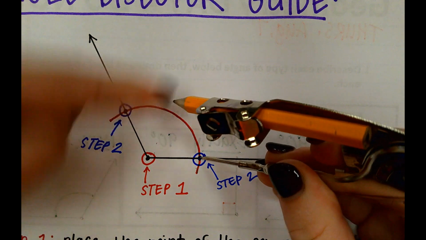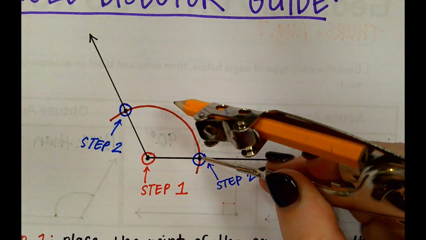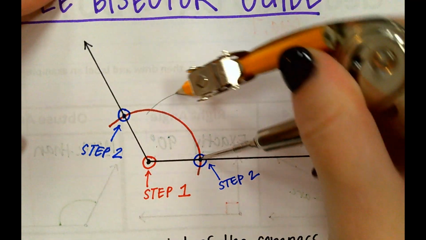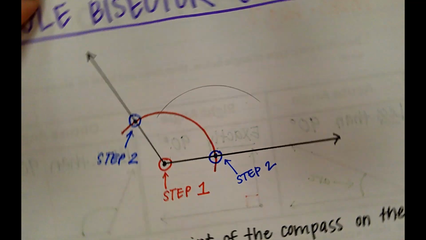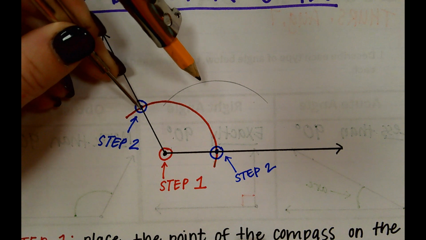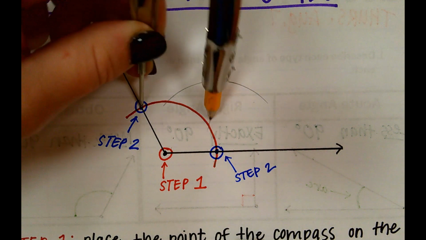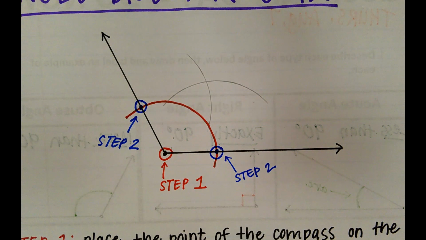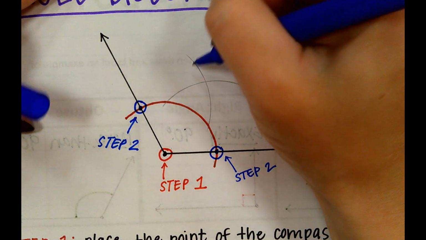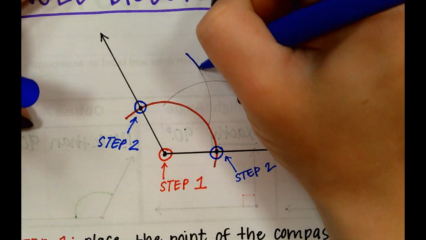And we want to create 2 arcs inside of the angle. So here is 1 arc, and keep it the same for the other one. Here is 1 more arc. There we go. And I'm going to color those blue as well, so I know that that's what we did in step 2.